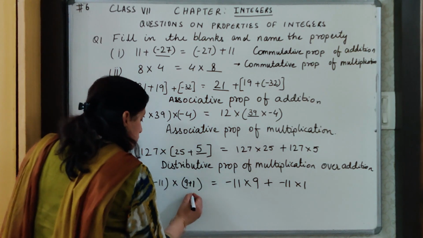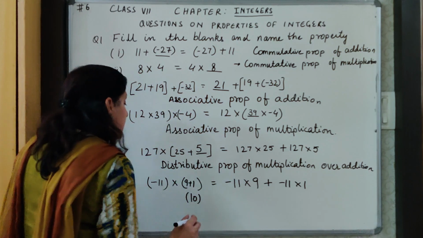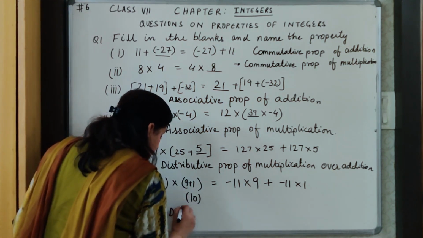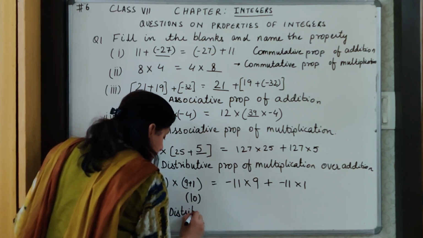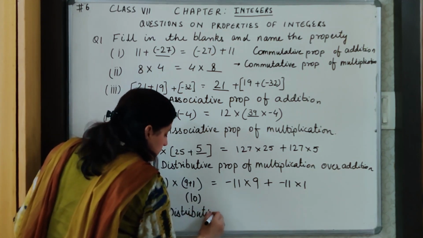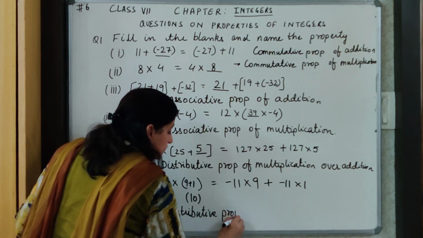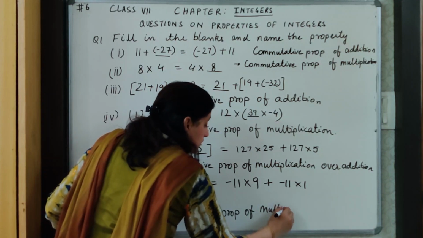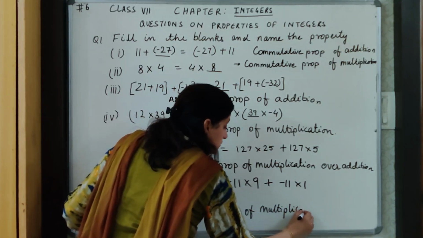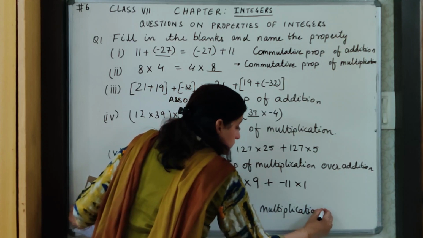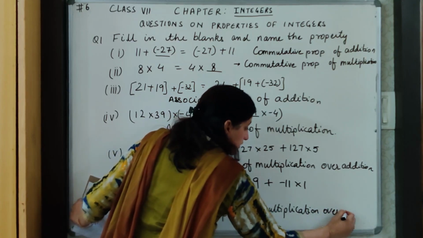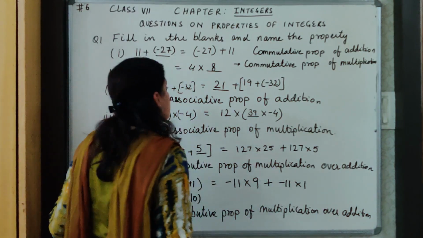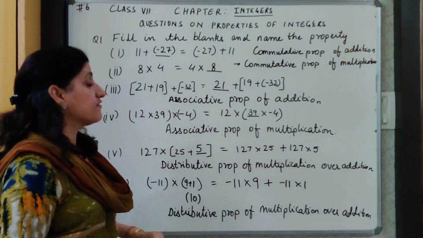Again it is the same property, the distributive property of multiplication over addition. So you should be able to recognize the property from the question just as I have explained to you.